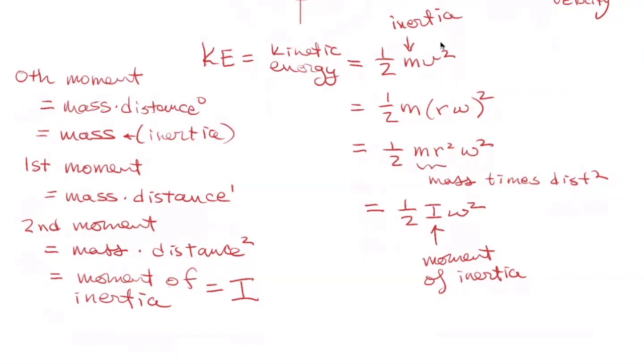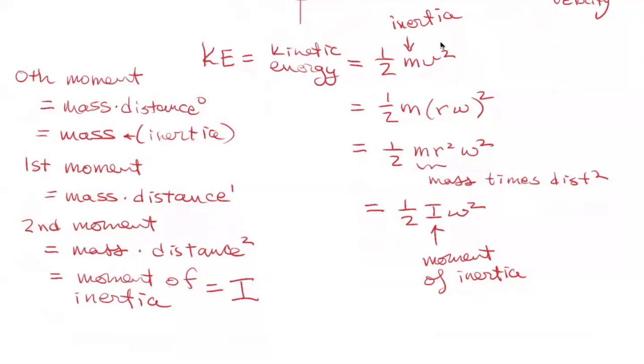When we talk about distances, we're talking about distance to the center of mass. So if an object is rotating around its own center of mass, then the distance is 0, so its moment of inertia is 0. It takes very little energy to rotate small objects around their center of mass.